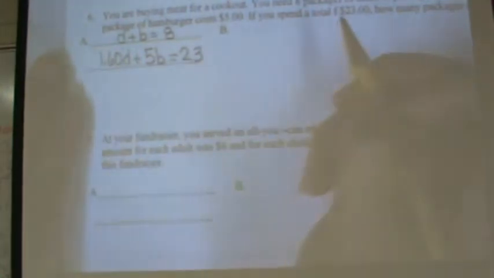D plus H equals 8. We want 8 packages. How much is a package of hot dogs? 6. How much is a package of hamburgers? 5. And how much do we spend? 23, good job.